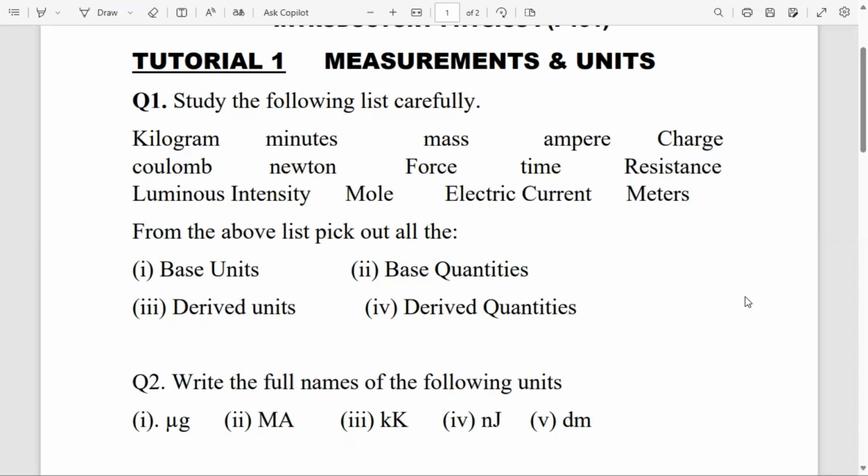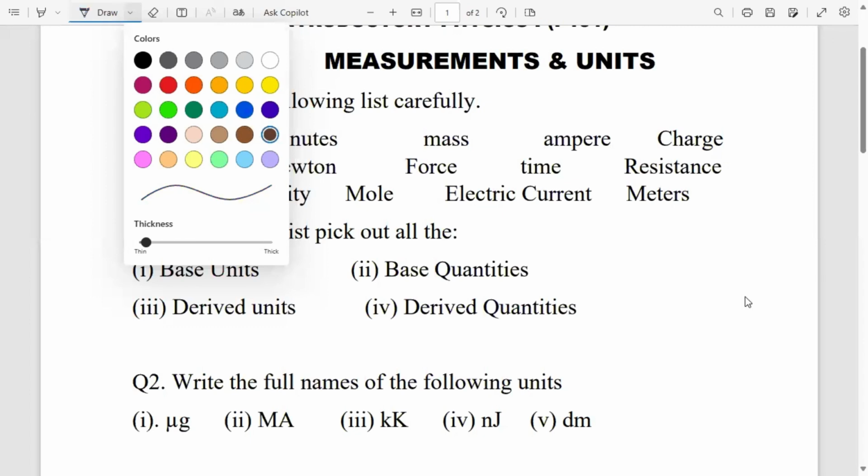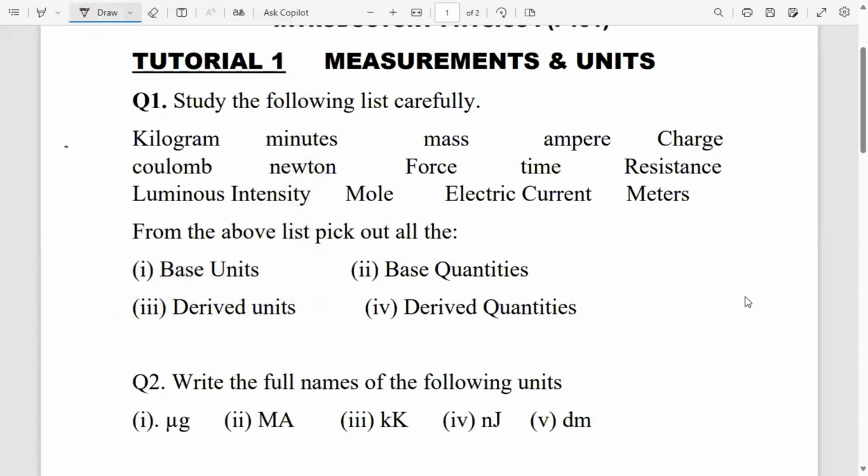And the question is saying from the above list, pick out all the base units, which means you're supposed to pick out which ones are base units from these that have been provided here.